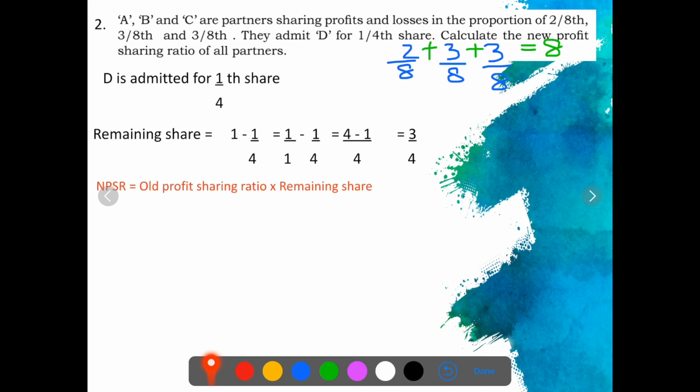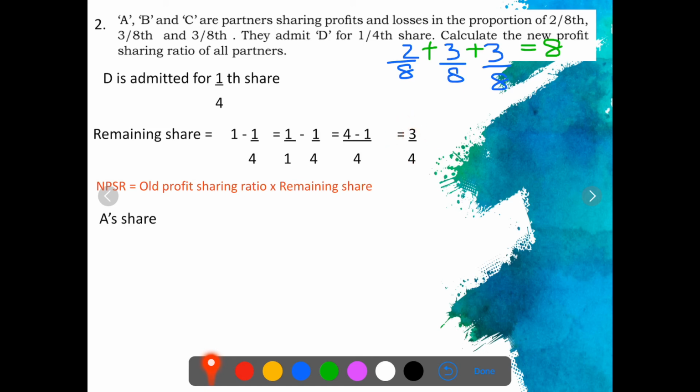Now let's write the formula. NPSR is equal to old profit sharing ratio into remaining share. Old profit sharing ratio is given in the question, 2 by 8, 3 by 8 and 3 by 8. Whereas remaining share for all the partners will be 3 by 4.